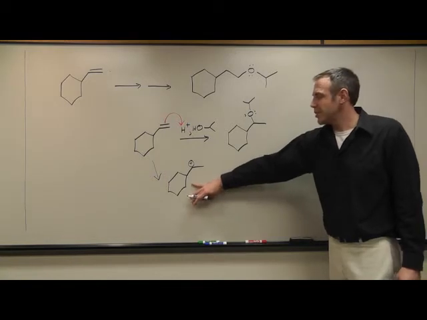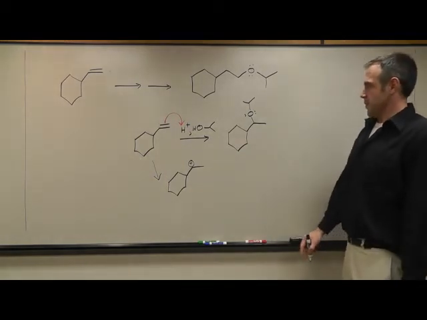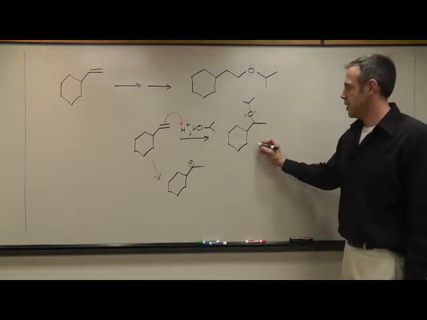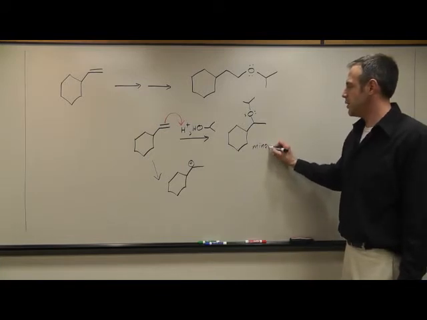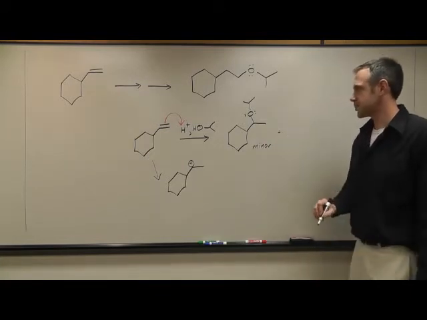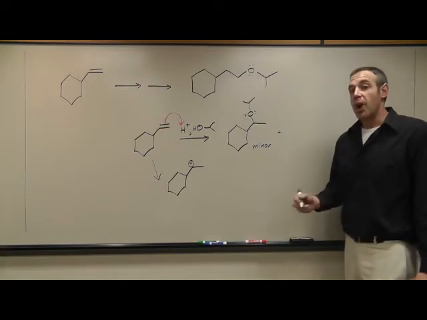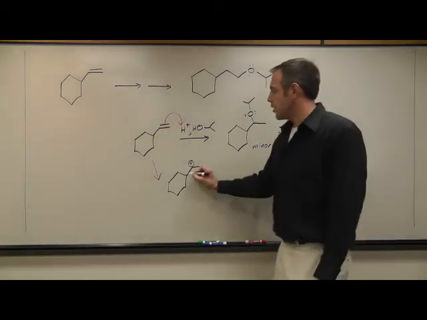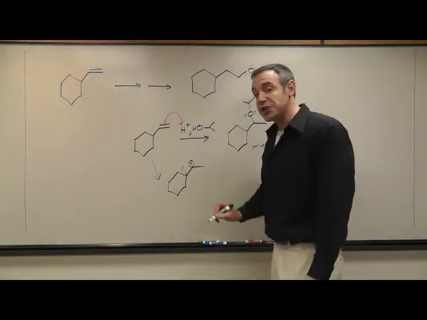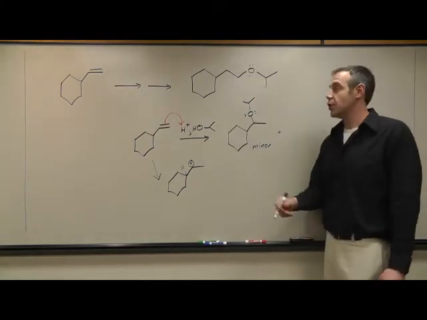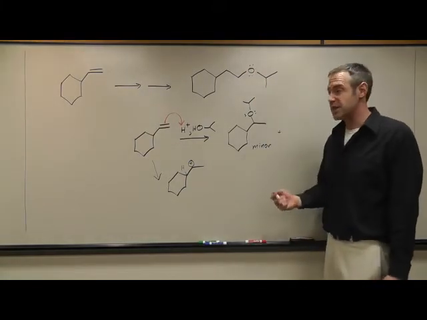Now, when we look at this carbocation, our initial product here turns out to just be the minor product. Why? Because there's a rearrangement that can occur. Unfortunately, again, this rearrangement doesn't help us get to our intended product ether.